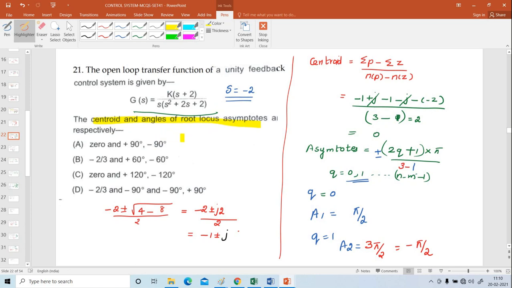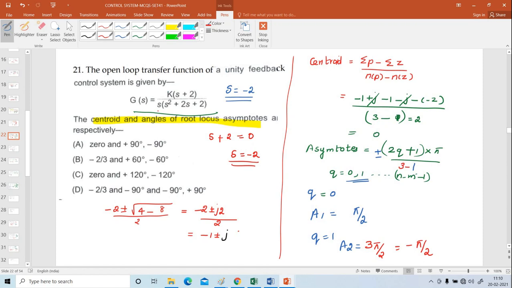Before finding the centroid and asymptote, first I should know how many poles and zeros are available. Poles come from the denominator equation equal to 0 and zeros from the numerator equation equal to 0. So S is equal to minus 2, only 1 zero.